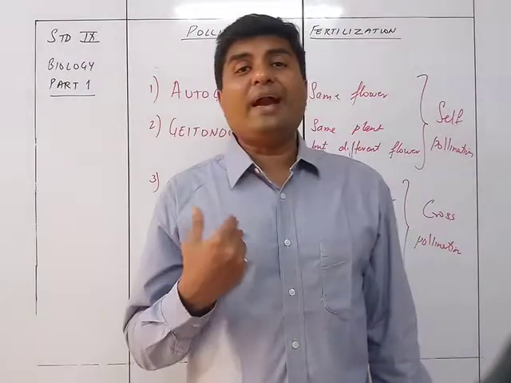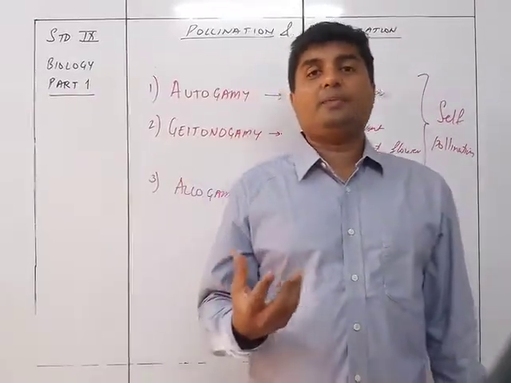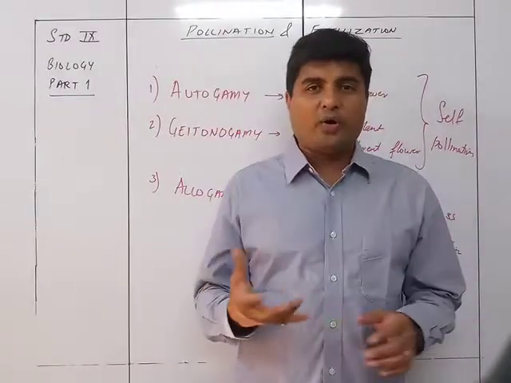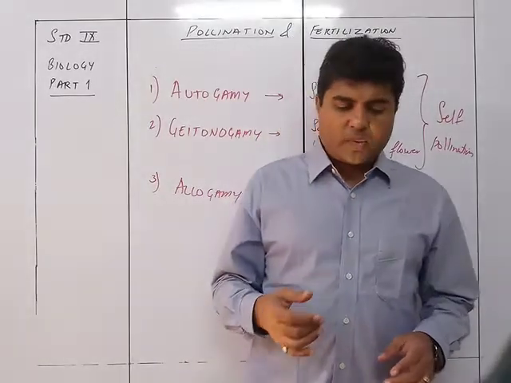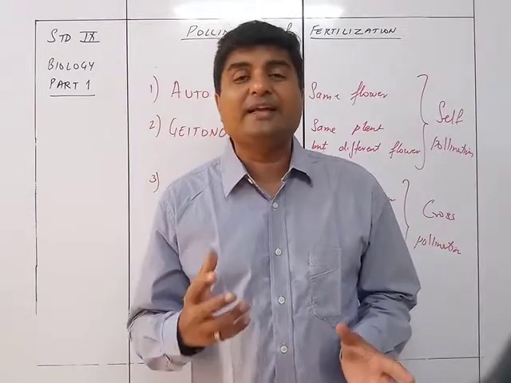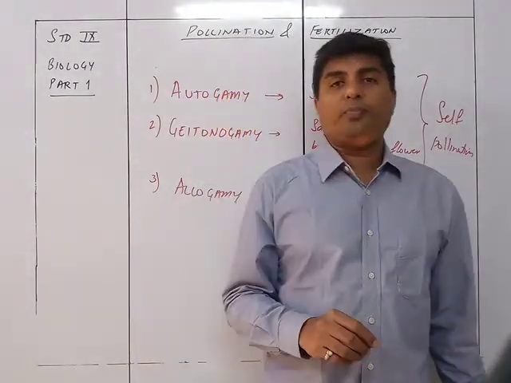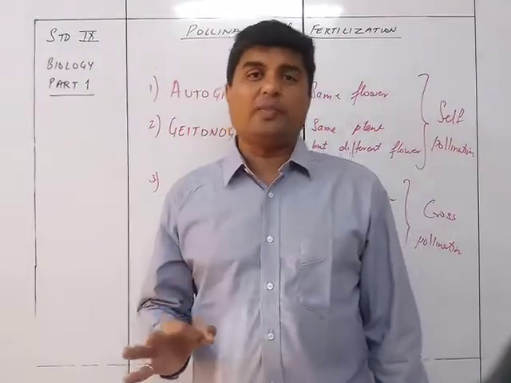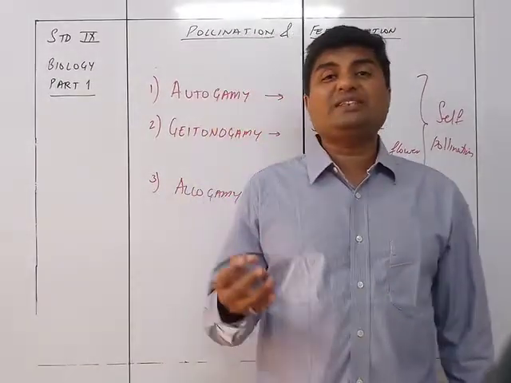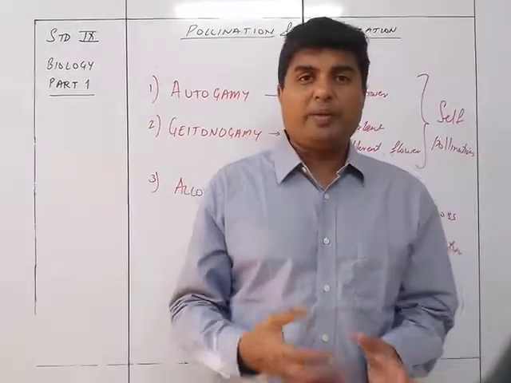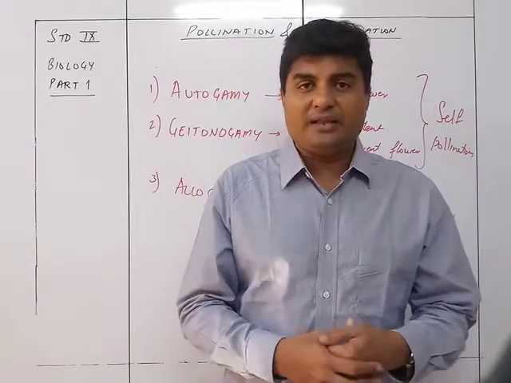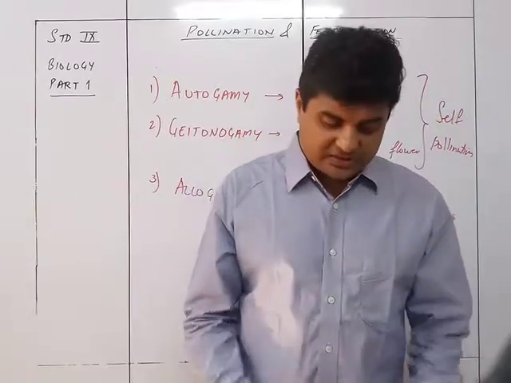To attract the insects and other agents, and also in case of wind pollination, it needs a lot of pollen grains. So a large amount of things are required, and that's why this pollination is uneconomical for the plant, because it needs a lot of extra things to be made, like the scent and the nectar, so that it attracts the pollinating agents towards itself.